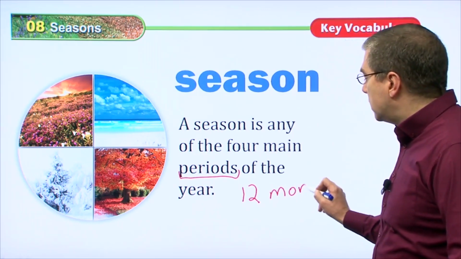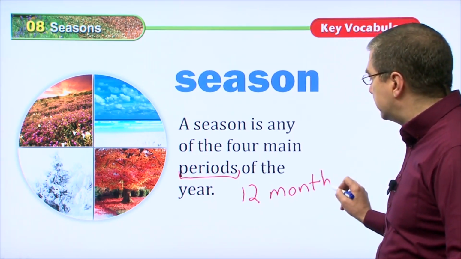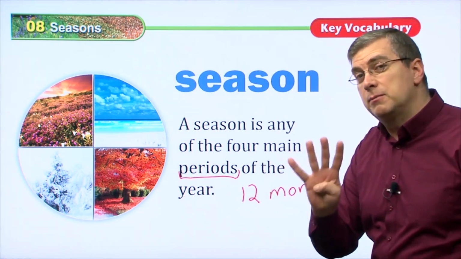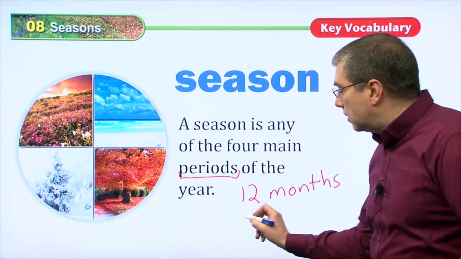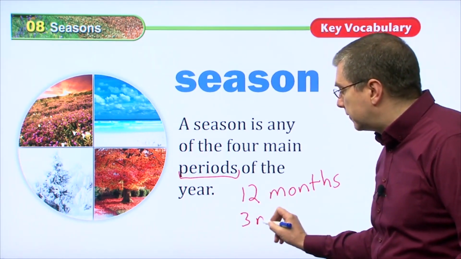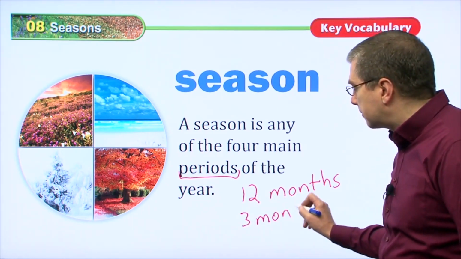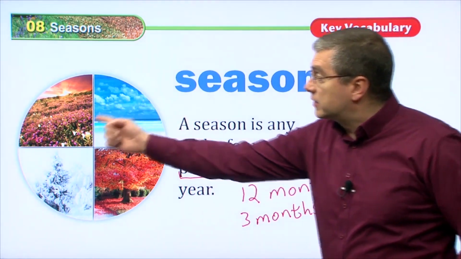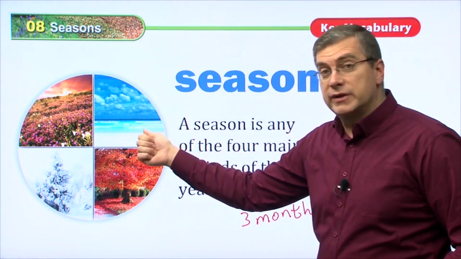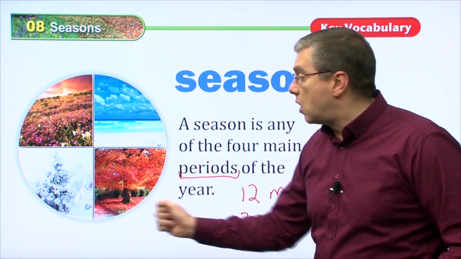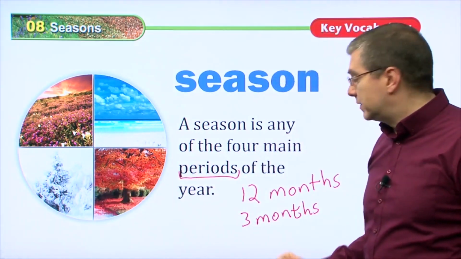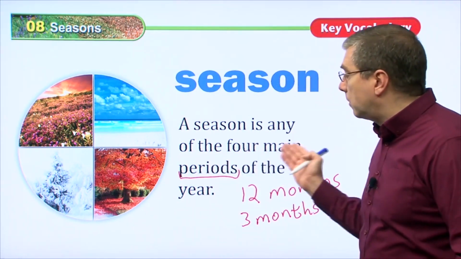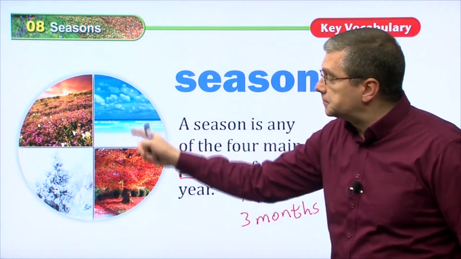So if we break up those 12 months into 4 different periods, we have 3 months for each period. 3 months for spring, 3 months for summer, 3 months for fall, and 3 months for winter. That adds up to 12 months. So we have 4 main periods of the year.